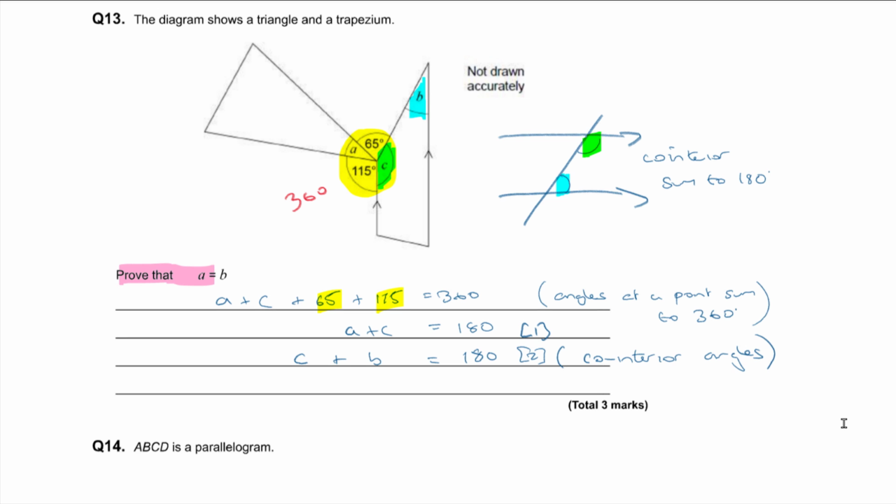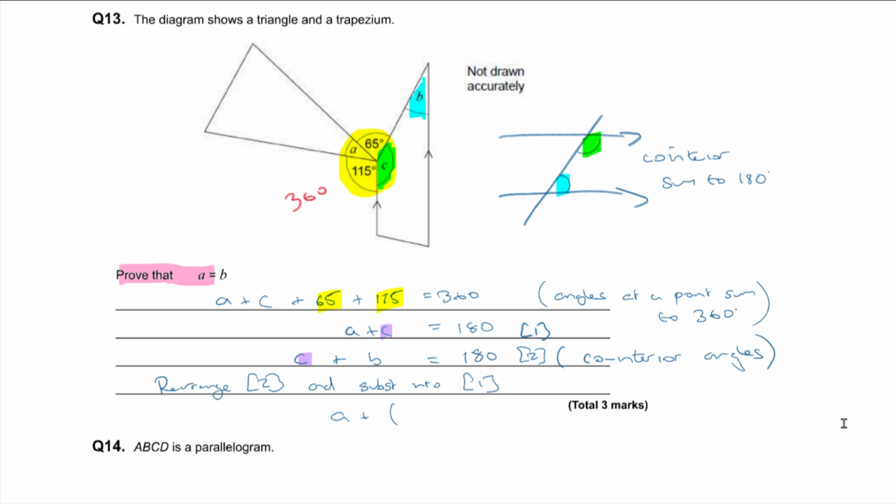So I want to get an equation in A and B. And can you see that I've got C in both of these? So I'm going to rearrange equation 2 and substitute into equation 1. Then I'm going to get A plus C. Well, C is 180 minus B, isn't it?